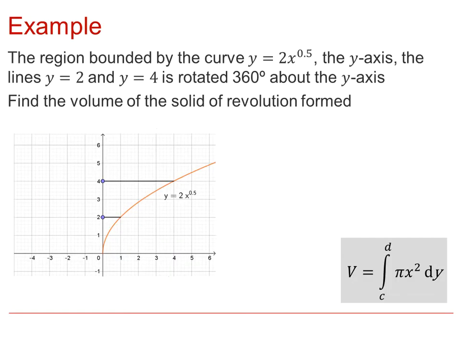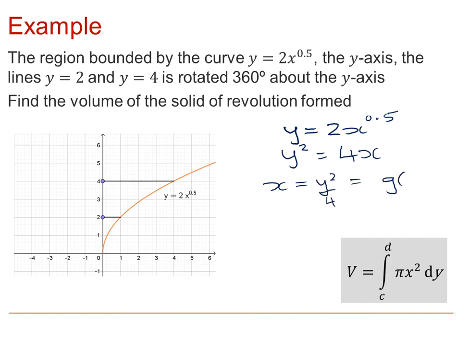In this example here, we have that y equals 2x to the 0.5. If we square both sides, we would have that y squared equals 4x. So we can write x equals y squared over 4 as our function of y.